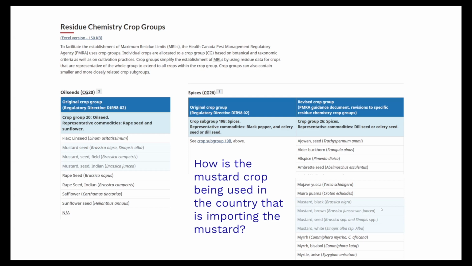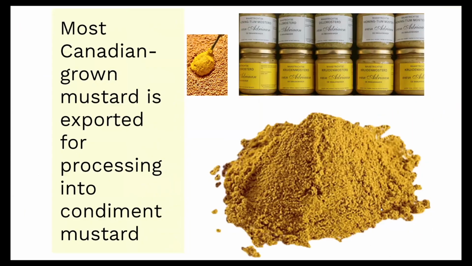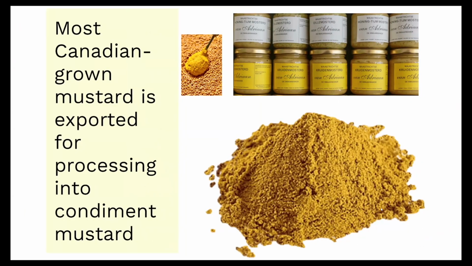Back to the question, how's the mustard crop being used in the country that's importing the mustard? What I found out is most Canadian grown mustard is exported for processing, and it's processed into condiment mustard. So most of it's powdered, and it's mixed up with vinegar, water, a lot of spices.